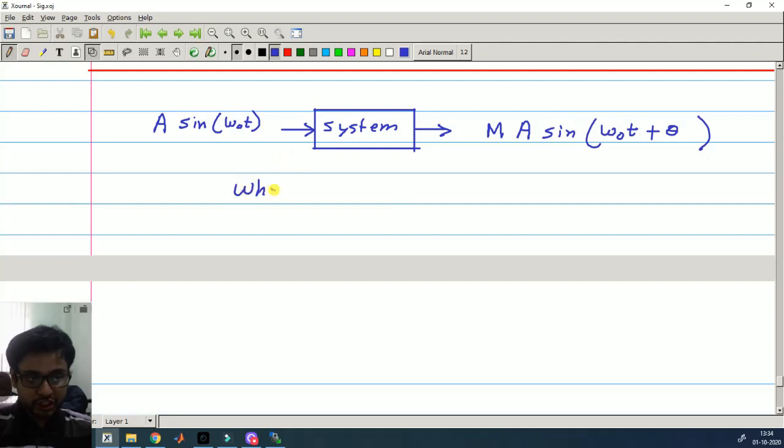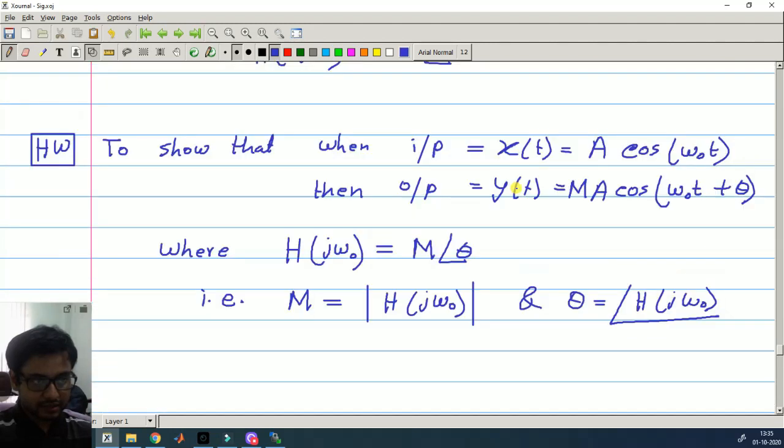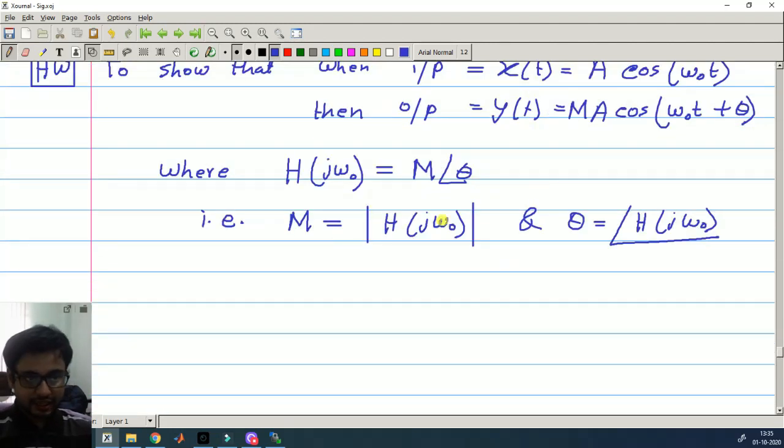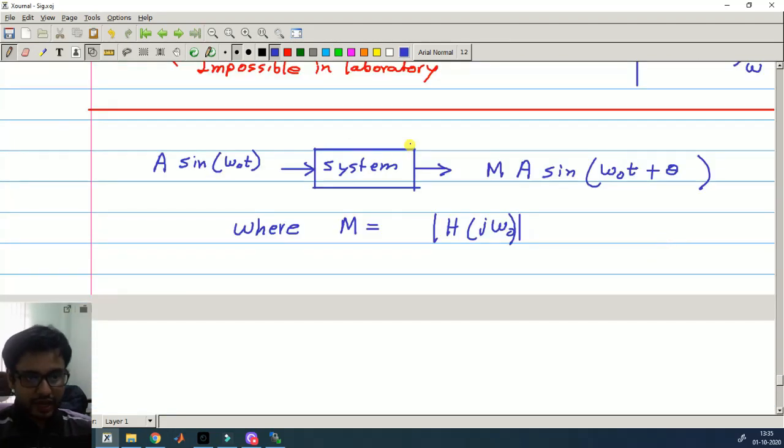Where we know theoretically m is equal to the magnitude of H of j omega naught, and theta is the angle of H of j omega naught.